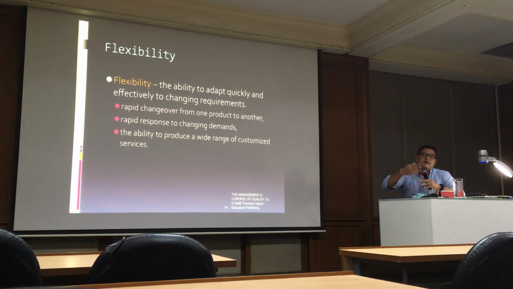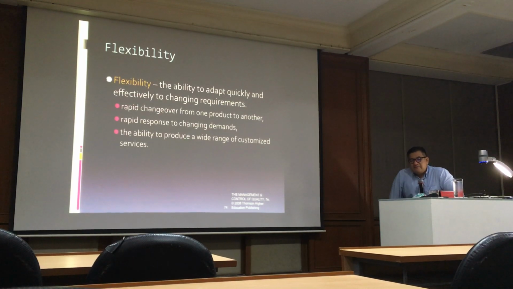For example, A is very close or similar to B, and then you have C. So it would be better if you produce A and then followed by B and then C, not A followed by C, because you are going to change the machine or equipment back, setting up for another product again.